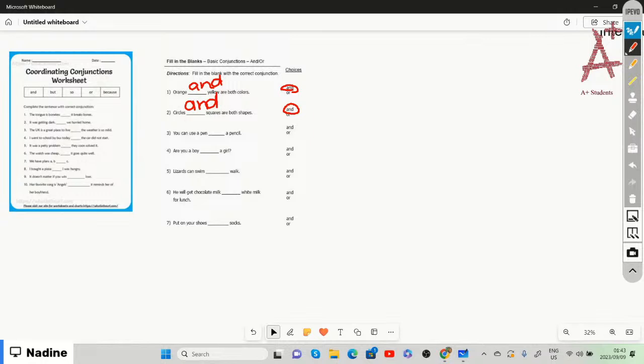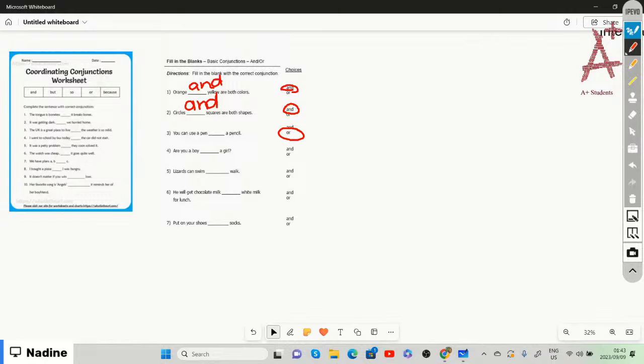A few of you are saying that we can say you can use a pen and pencil, and some are saying or pencil. Remember, if you are writing a test or something, then they're giving you options, right?